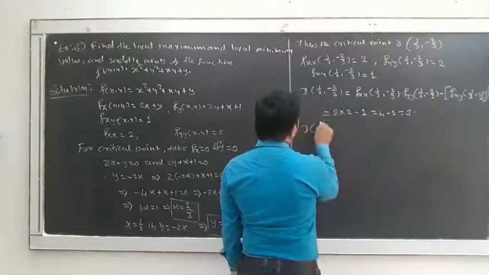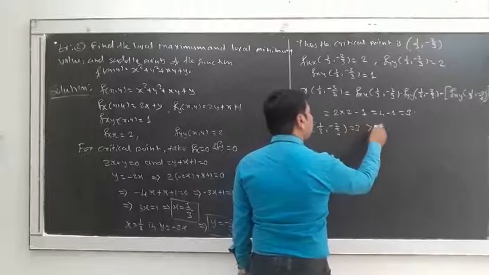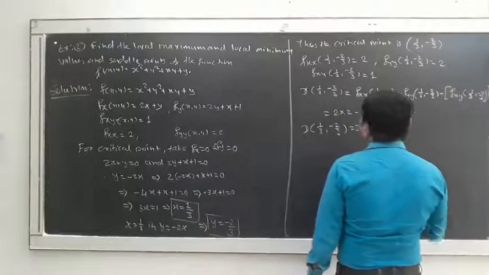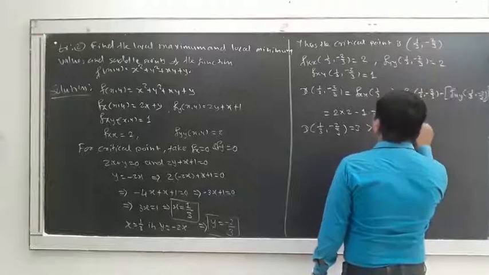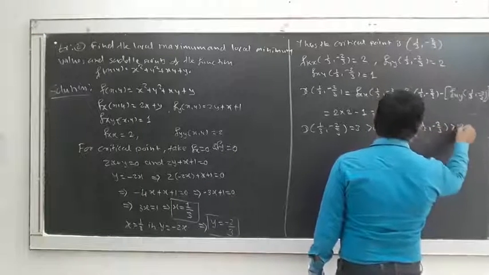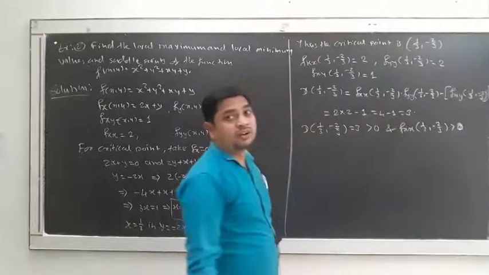So D at 1 by 3, minus 2 by 3 is equal to 3. It is greater than 0. And fxx at 1 by 3, minus 2 by 3 is again greater than 0.